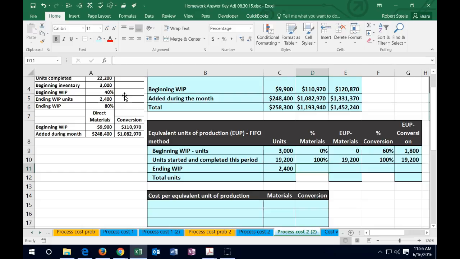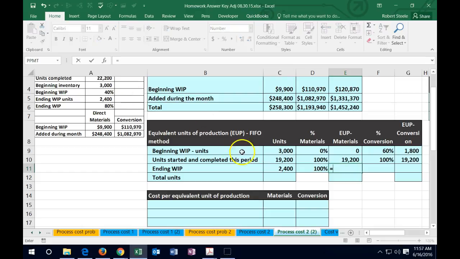But that 40% complete is going to be allocated to the conversion part of it. Because remember that we don't really need a number to tell us how complete it was in terms of material, because the usual assumption when we talk about first in, first out is that all of the materials went into process. So 100% of the materials are assumed for most problems to have gone into process. The only thing that hasn't happened is we haven't finished converting those materials using direct labor and overhead to produce the finished inventory.